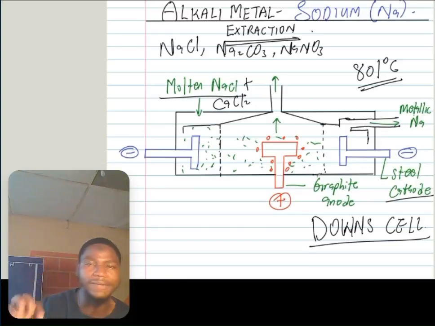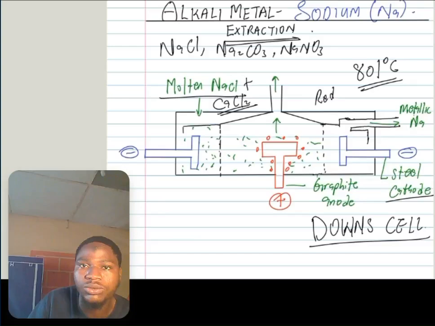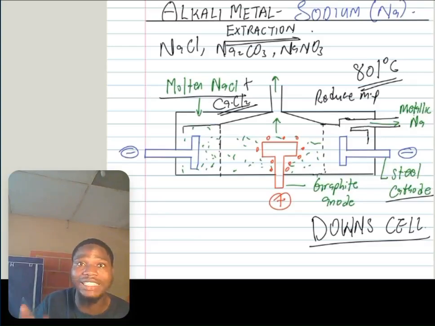Whenever we add an impurity, we are trying to reduce the melting point. Calcium chloride is added to molten sodium chloride in order to reduce the melting point of sodium chloride. So that's the role of calcium chloride in the extraction of sodium.